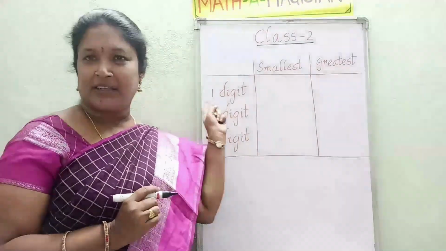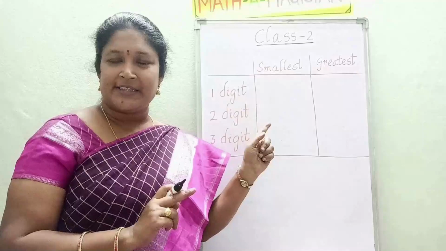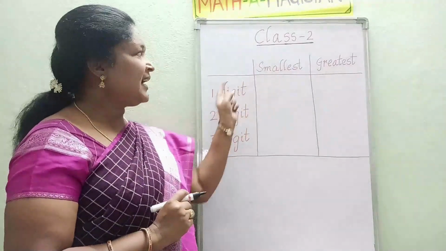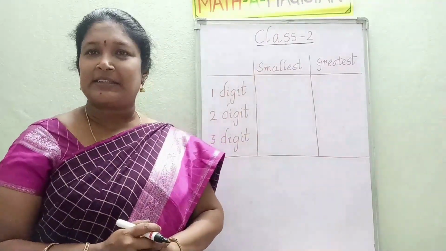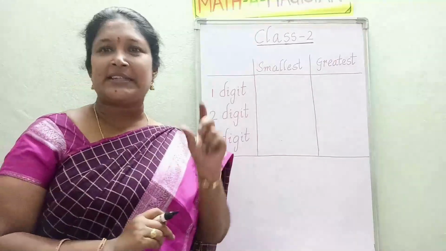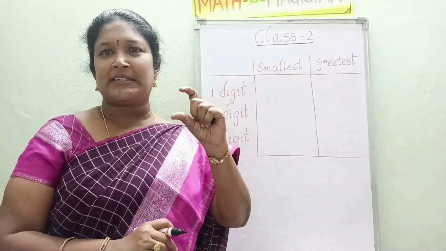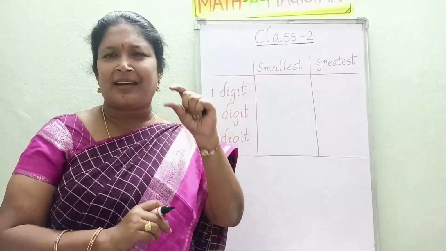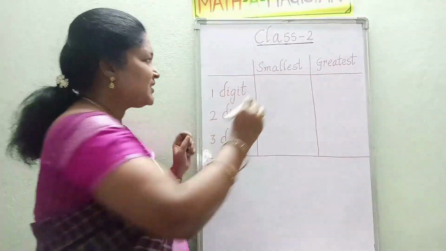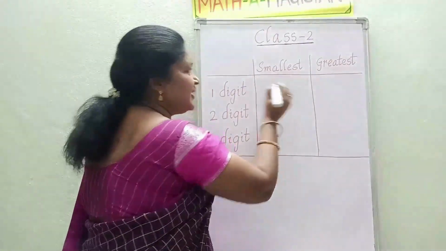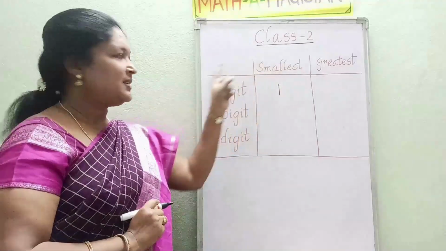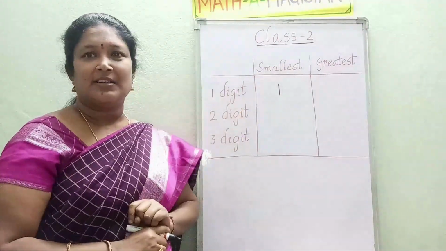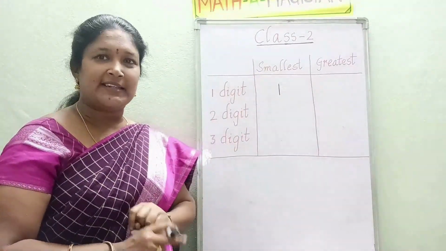So here what are the one digit numbers? 1 to 9. So in that, which is the smallest digit? Smallest means the number of objects are less for that number. So here 1 is the smallest one digit number.